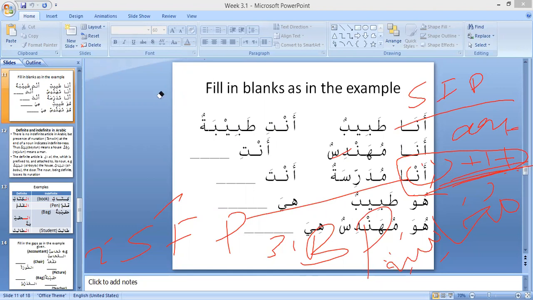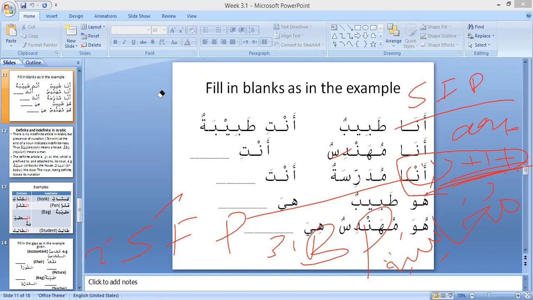Mus'ab, what's Amid again? Amid is a dean. Amid could also be a chief. Sometimes even chiefs and the like are called Amid.